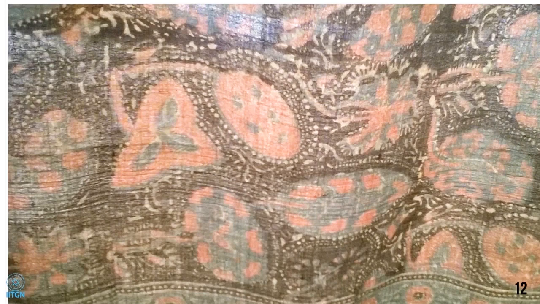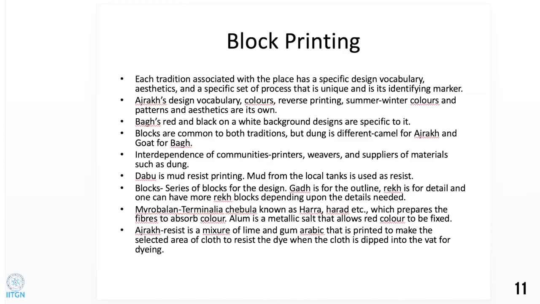The picture is not too good, because it was photographed in not very good conditions. So each tradition is associated with a specific place, design vocabulary, aesthetics and set of processes. Ajrakh design vocabulary, colors. I'll show you the piece now.